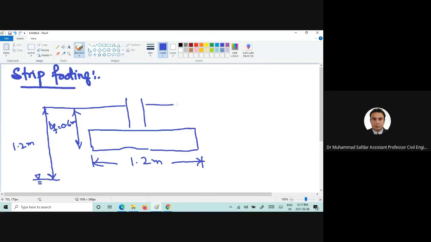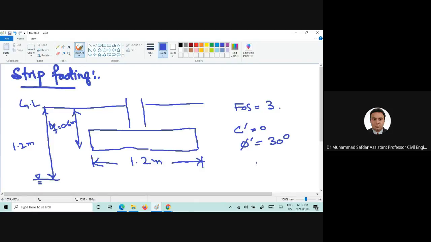The factor of safety should be 3 against shear failure, and C prime is 0, phi prime is equal to 30 degrees.